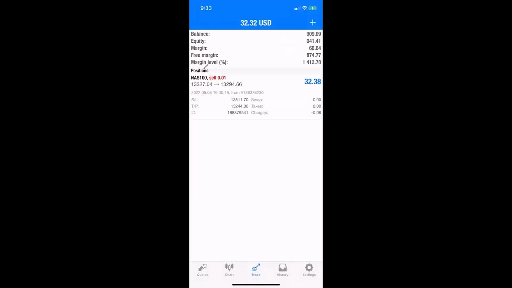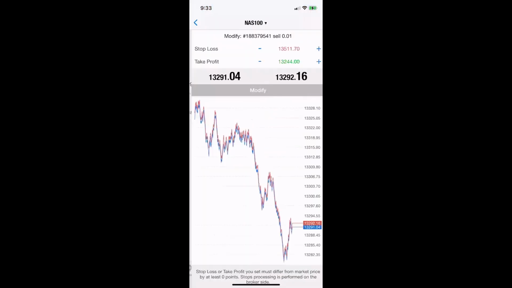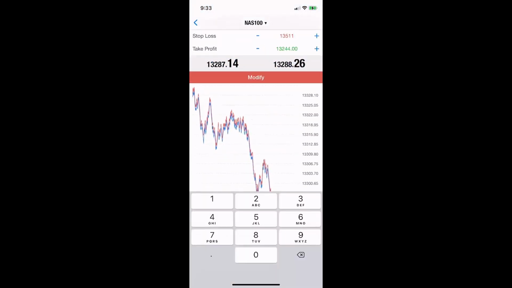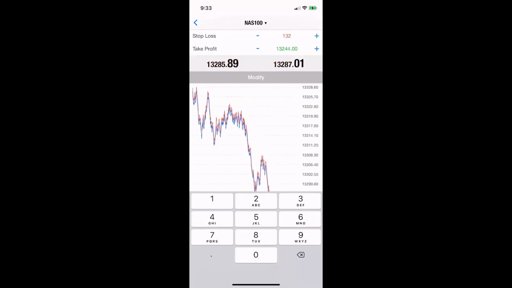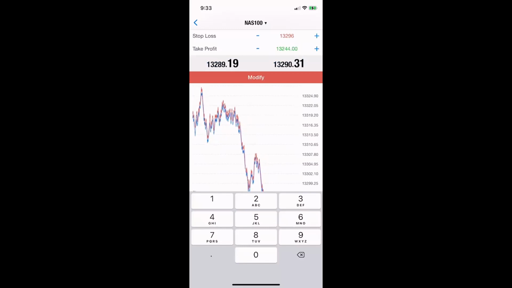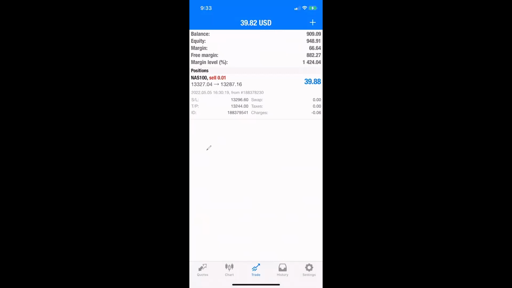Now the very next thing I'm going to do is go ahead and trail my stop losses, really drop it. I'm loving it. 132.96 modified. So now my second partial trade is still in profit, another $40-some. Oh, this is going to be a good bag today.